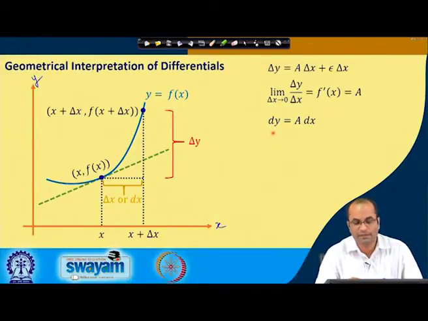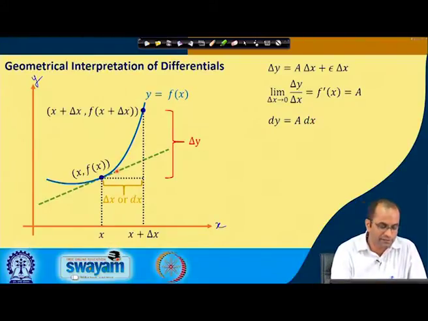And what is this dy? dy is this first derivative f prime x and dx. So, if this is the derivative, the tangent, f prime x is nothing but the tangent of this angle. So, that is equal to this divided by this one.